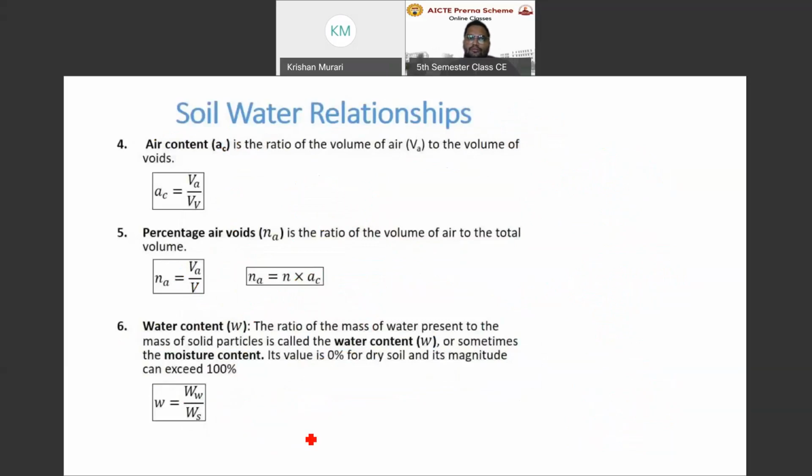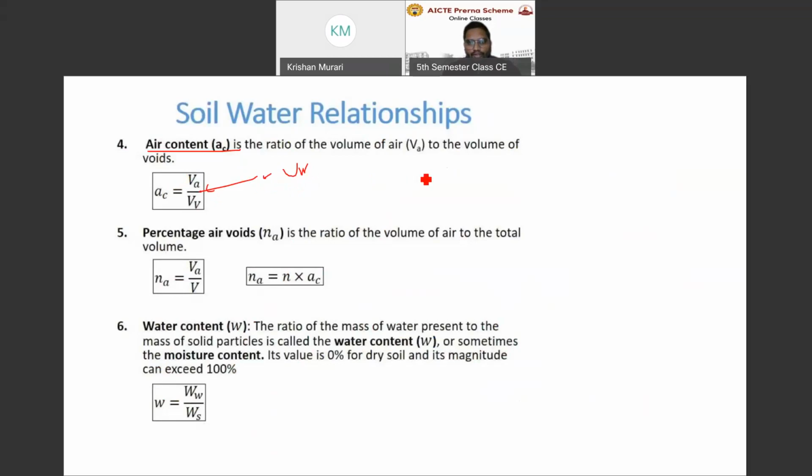Now the next term is air content. What is the air content? Like the degree of saturation we studied in the previous slide, which tells how much water is in the voids, air content tells the amount of air in the voids. Just replace the volume of water by the volume of air, and degree of saturation by air content.